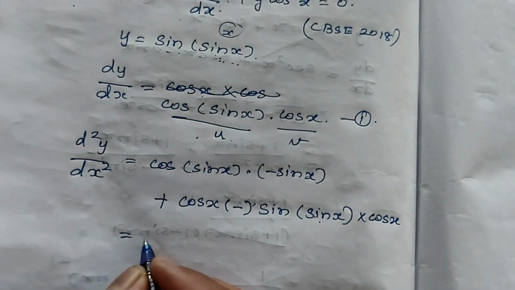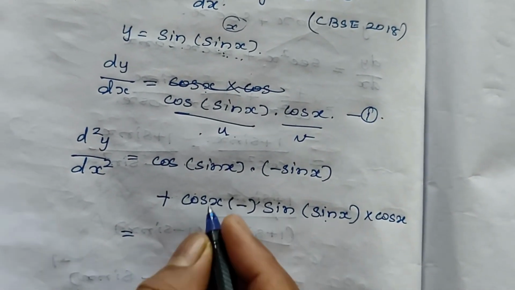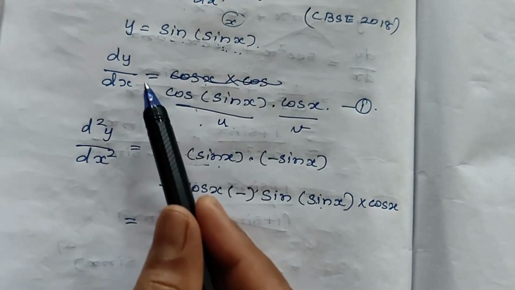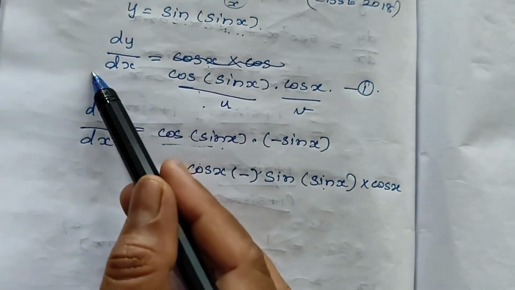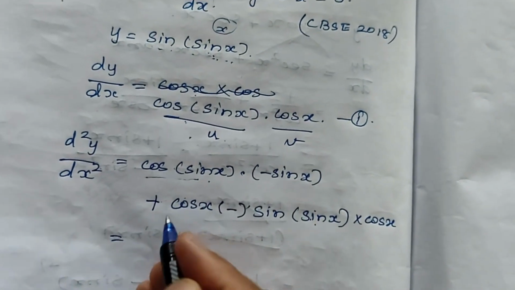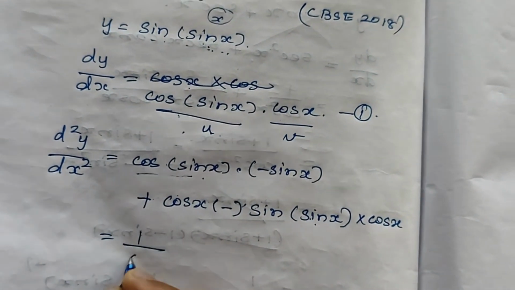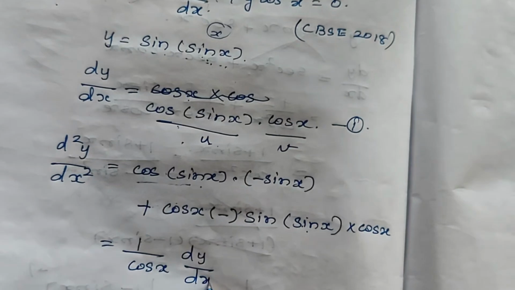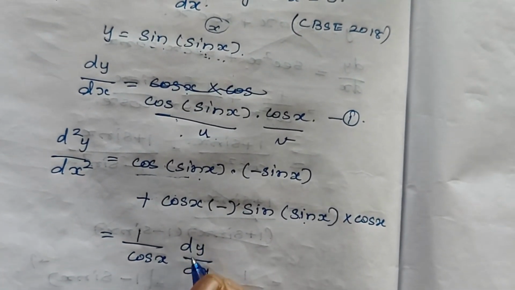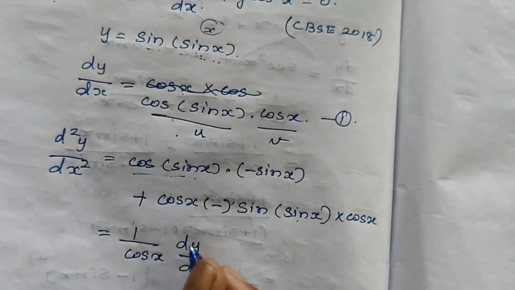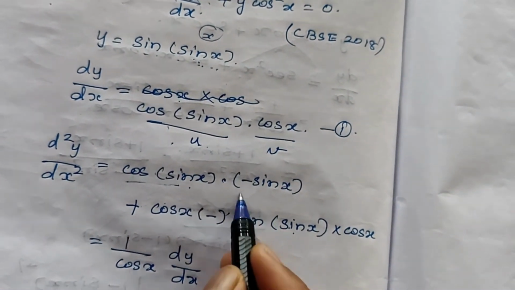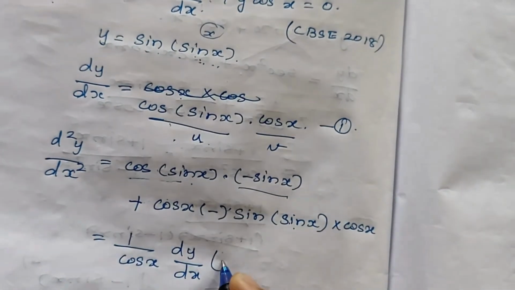Now here it is cos of sin x. Therefore from this one dy by dx, 1 by cos x into dy by dx. That is equal to 1 by cos x into dy by dx. Because here the question is asked to prove that dy by dx. So I have to multiply 1 by cos x dy by dx, and here remaining things is minus sin x.